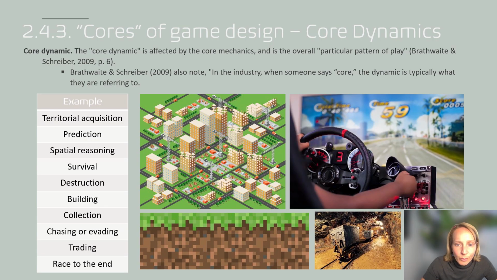I think that's one way to look at dynamics, more of what I would even call a genre theme, and that's why I add in the core literary elements as well. But they do inform, sorry, the core dynamics as defined by them is affected by the mechanics and is the overall particular pattern of play.